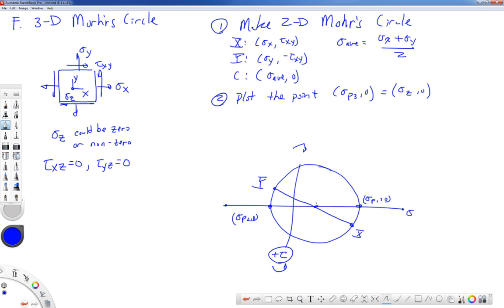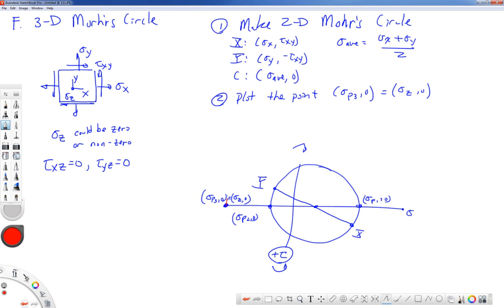But we don't want to make it look too confusing, so I'm going to say it lands over here for my drawing. And this is going to be my point, sigma p3 comma 0, which is the same as sigma z comma 0. Now here's what you do, and I'm going to switch to a different color. You draw 2 additional circles that connect sigma p3 with your other 2 principal stresses that you've already found.